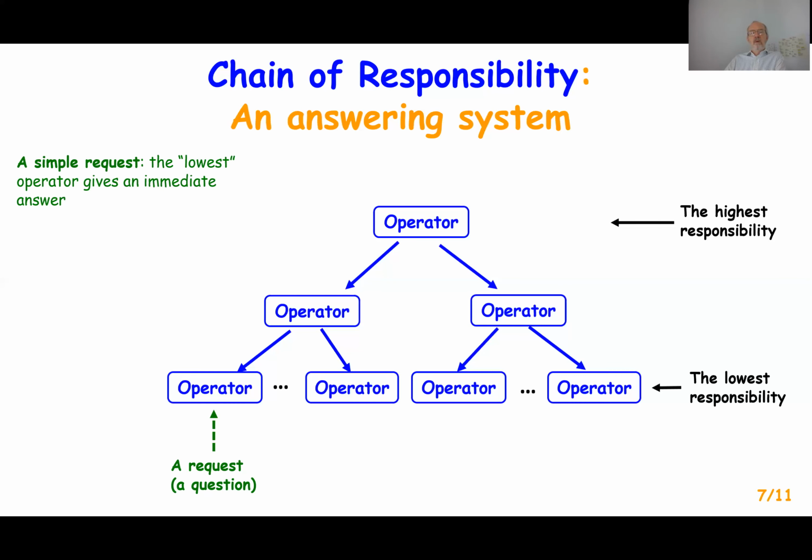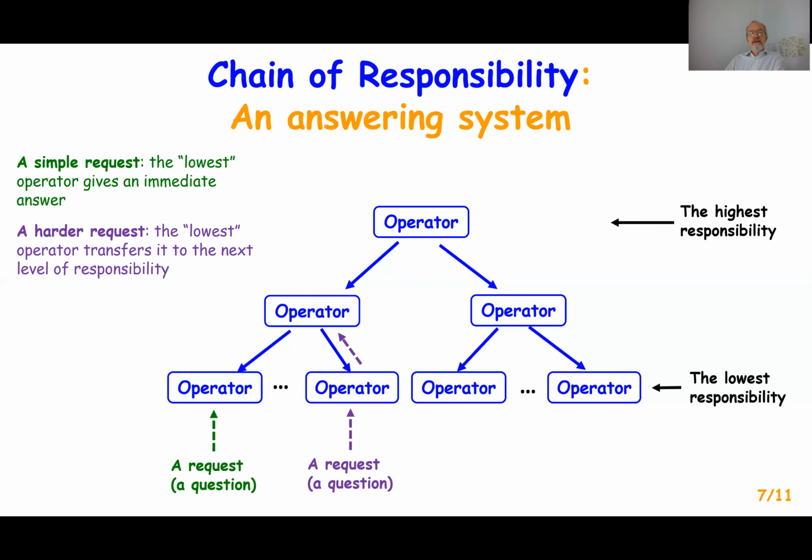What happens when the request is such that the lowest level operator cannot give an answer? It just doesn't know the answer. In that case, look, the lowest level transfers the request to the upper level, so that the upper level operator decides whether to give a response or not.